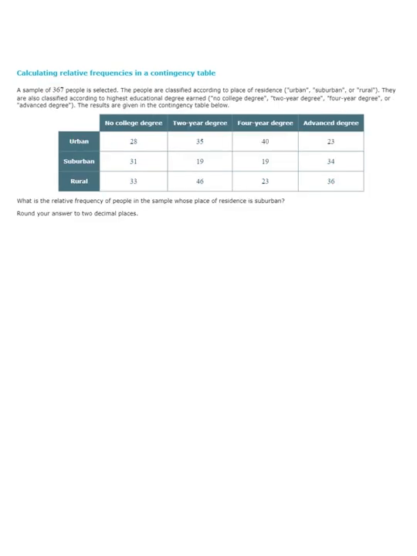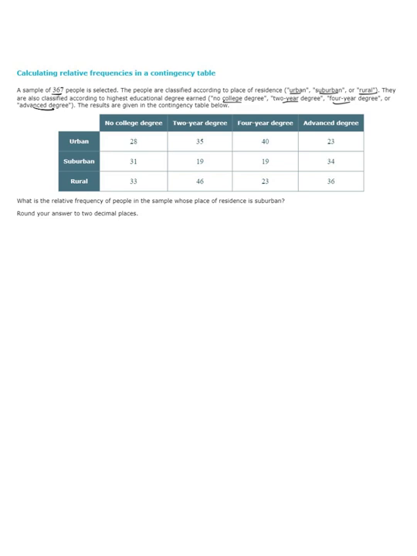Start off with this one. It says calculating relative frequencies from a contingency table. We have 367 people. People are classified according to places of residence: urban, suburban, or rural. And they're also classified according to the highest educational degree: no college, 2-year college, 4-year college, or advanced degree.